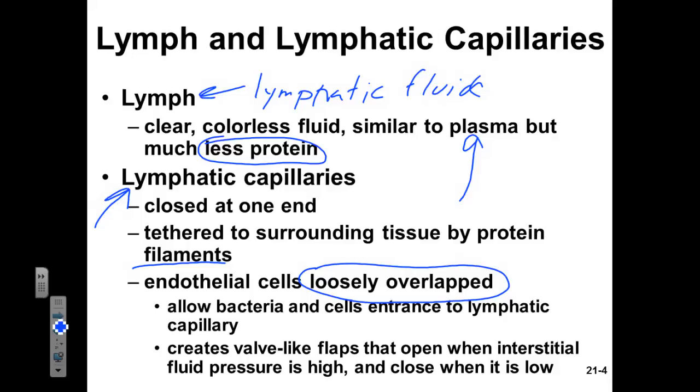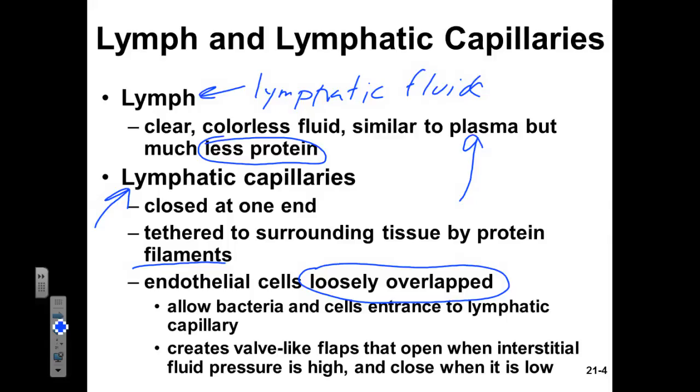This allows the lymphatic capillary to function with very weak, or very poor, one-way valves in them. So as we have pressure building up in the extracellular environment, that's going to force interstitial fluid through the loosely overlapped endothelial cells into the lymphatic capillary.